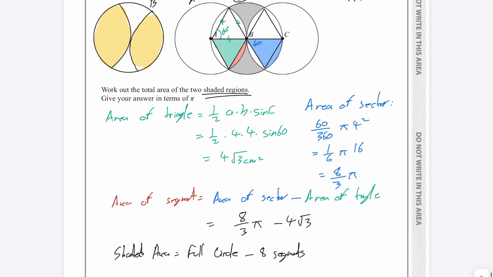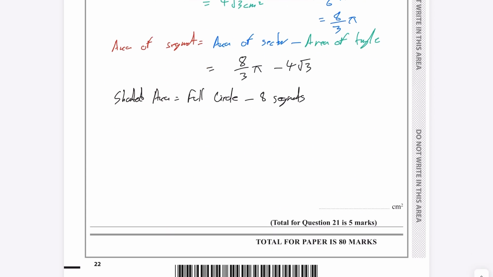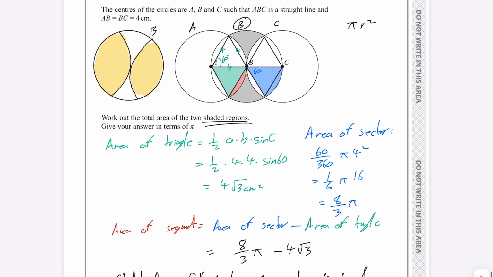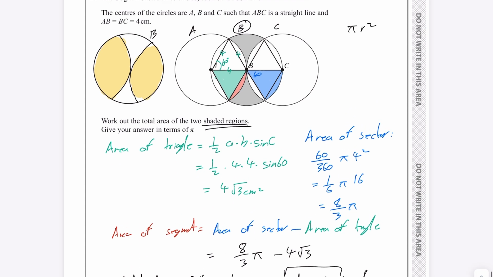So if you're wondering what the 8 segments are, one segment is this little pocket here. So there's 8 of these. There's that one, that one, that one, that one, that one, that one, and that one. So 8 segments minus 4 triangles. And essentially these 2 here make up the yellow area that I showed at the start.